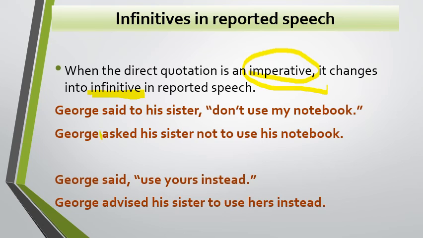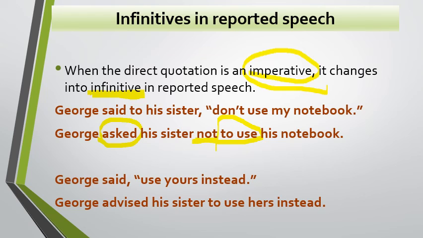You see that? I used asked instead, and because we have don't, we just put not and the infinitive, not to use his notebook. This sentence is in the negative case. Let's see the other sentence.